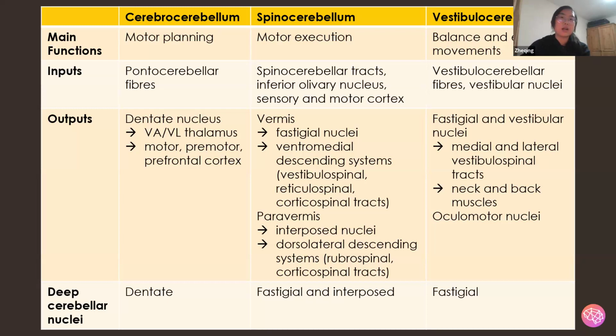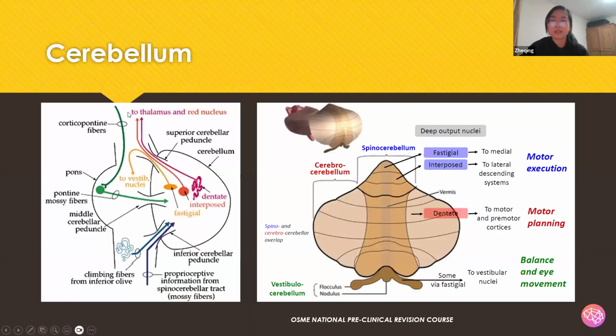How I remember it is the three different parts project to different nuclei, and it might be easier to look at it in an image form, which is like this. This is from one of our lectures as well, I think.